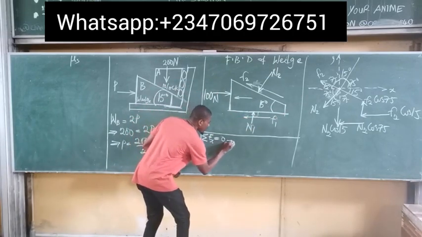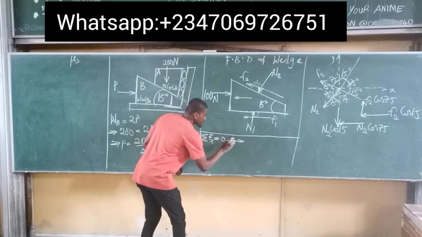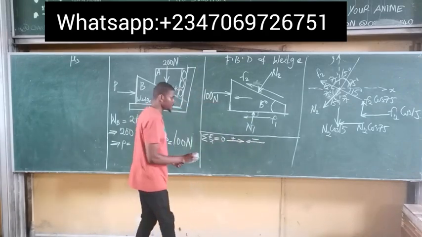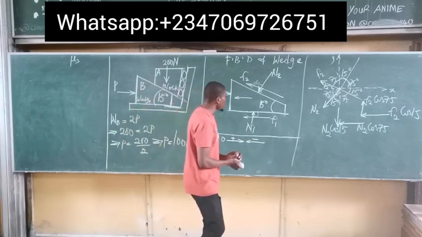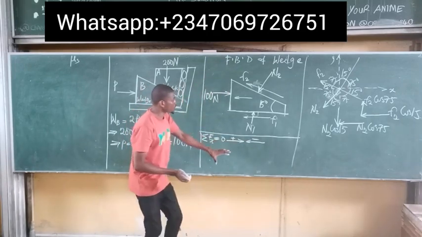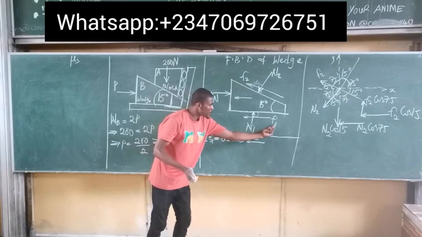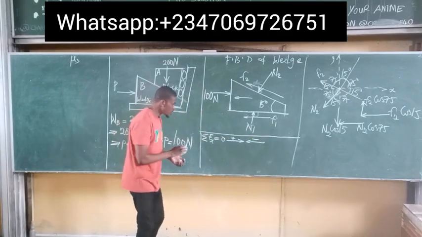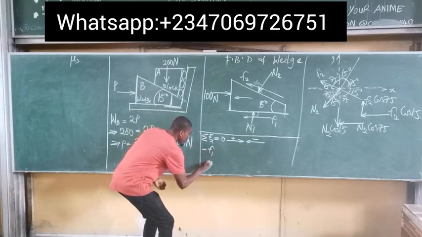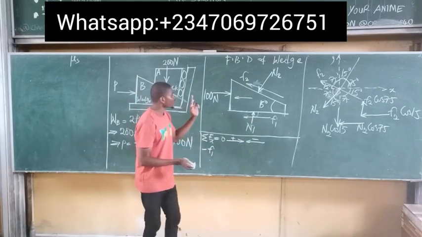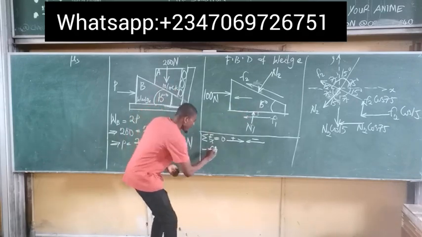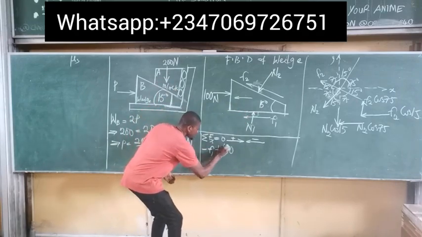We consider force that points to the right to be positive since motion is to the right, and force that points to the left to be negative. On this system, which is the wedge, I have F1 pointing to the left, that's negative, so minus F1. I have 100 newtons pointing to the right, which is positive, plus 100.